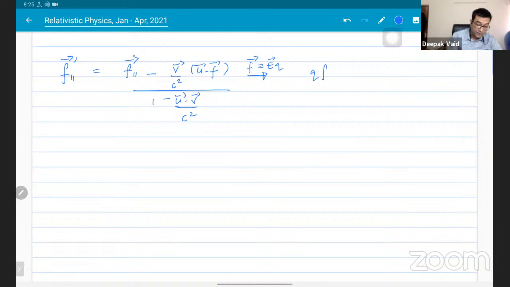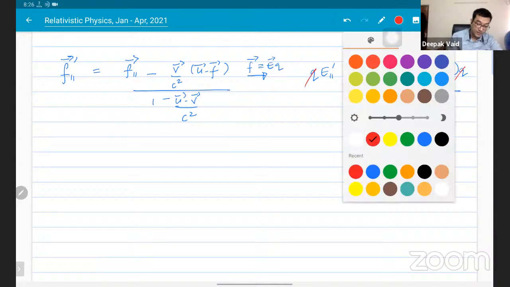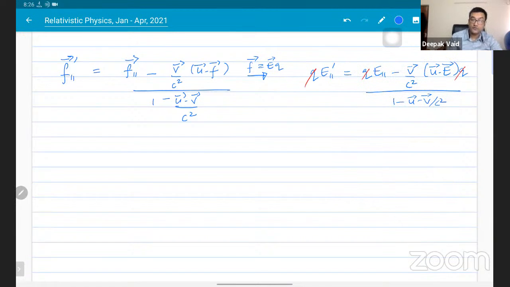I get Q times E parallel prime is equal to Q times E parallel minus V by C square U dot E times Q over 1 minus U dot V by C, right? So Q will cancel out. So this gives us the transformation law for the parallel component of the electric field.